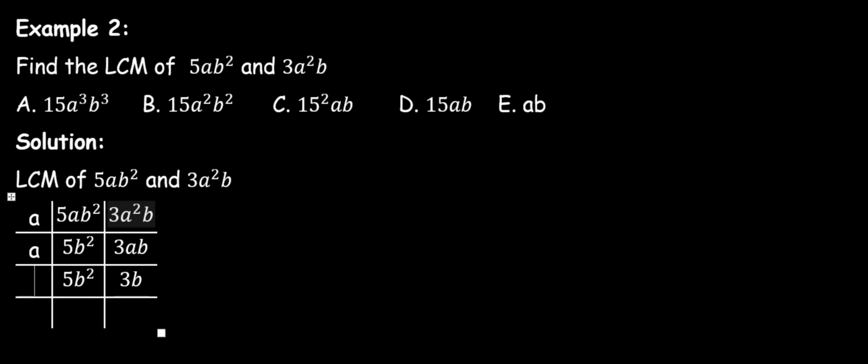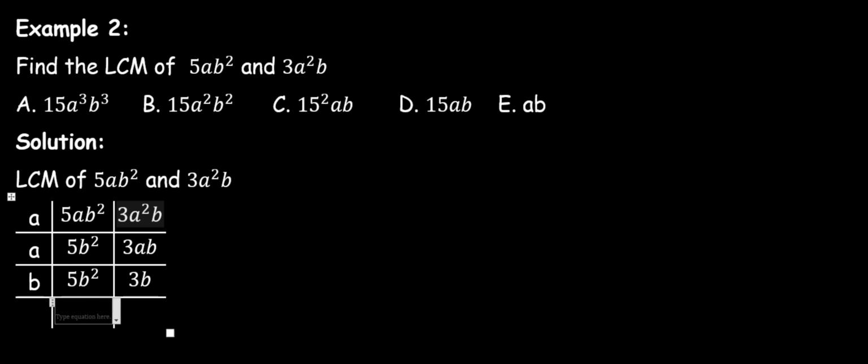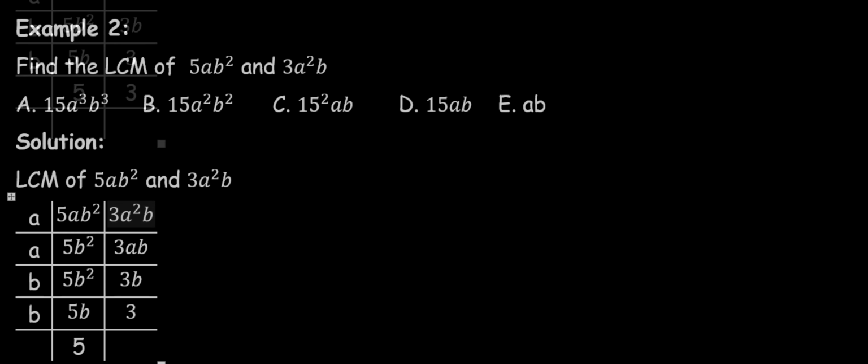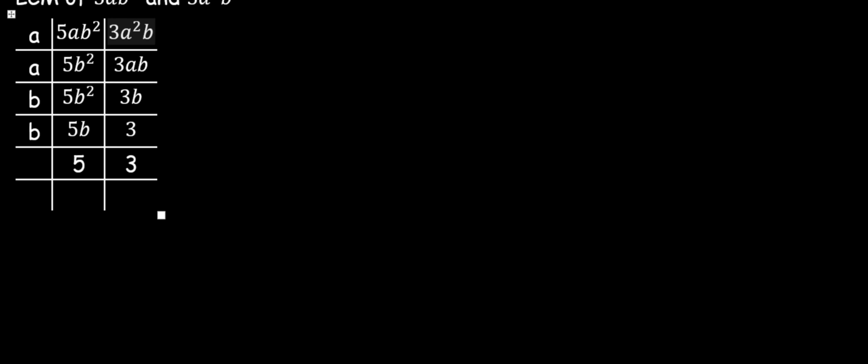You can proceed with b. b divide 5b², we will be left with 5b, because the square in the power of b will reduce to ordinary b, and that of 3b will now be reduced to 3. We take b again. b divide 5b, you will be left with 5, and you just bring a 3 down. We are left with numbers alone now, so we can conveniently start with the smallest.